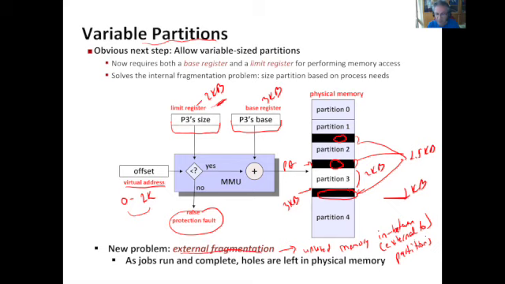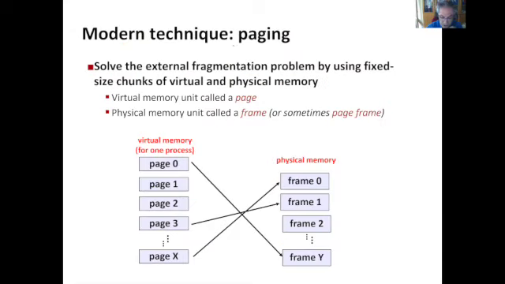Of course, you can say that if I am in a position to, I can move all the partitions back and forth, but that is a costly operation, and you don't want to do this over and over. What we will be focusing on is the modern technique called paging. In paging, we know what a page is. This is our virtual memory, and we split it into pages, and this is our physical memory, which we also split into pages.